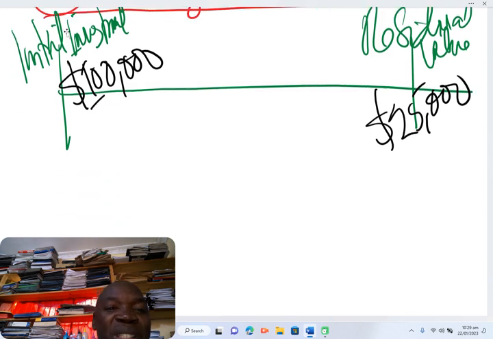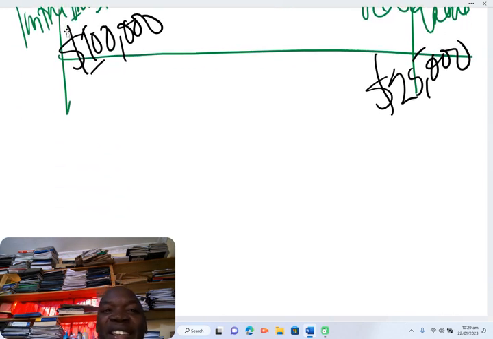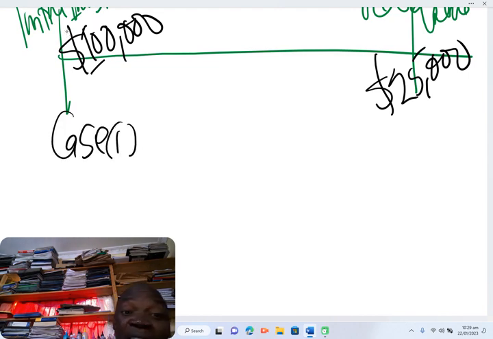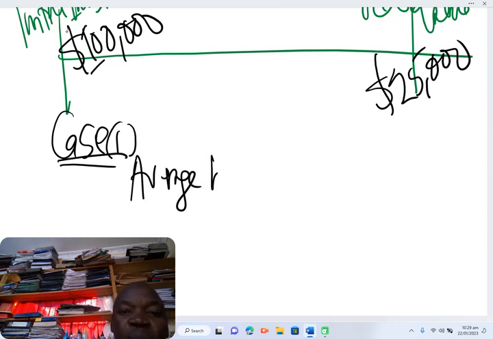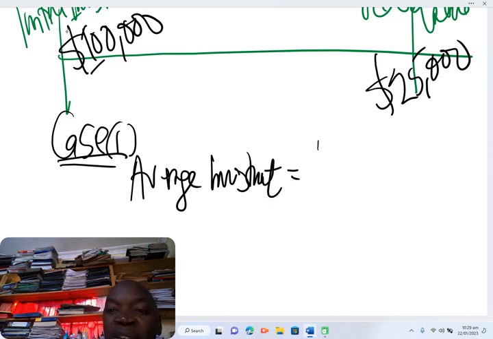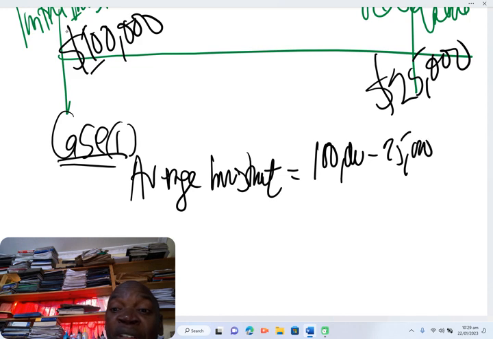Now there are two methods here of getting the average investment. Case 1, as I said, there are several people having a similar view. Average investment, one can say, is 100 minus 25 divided by 2.